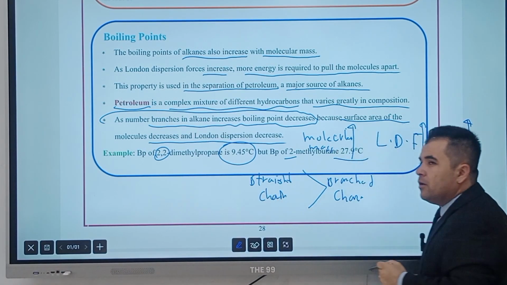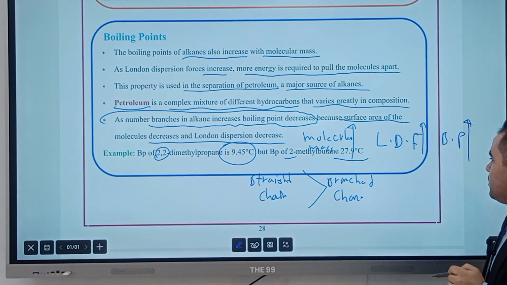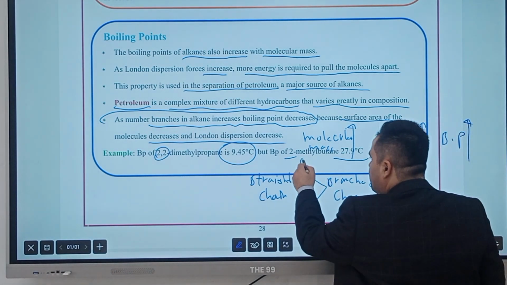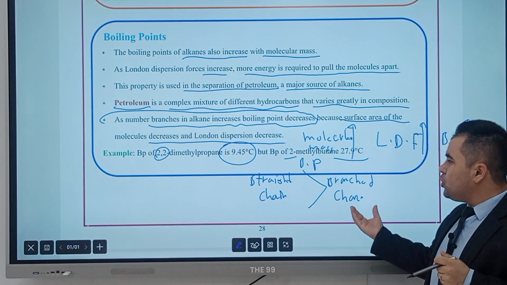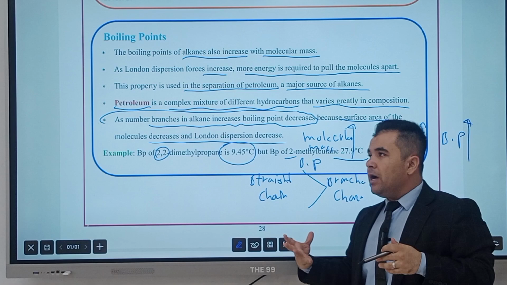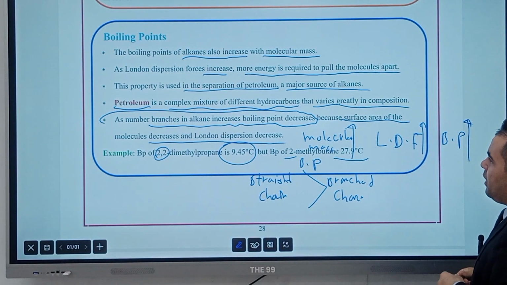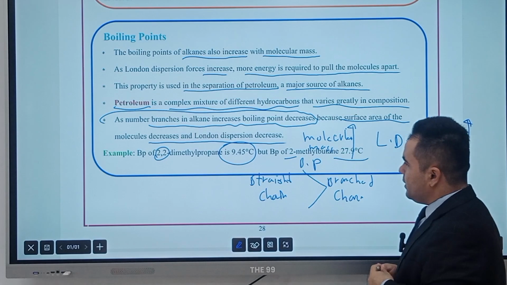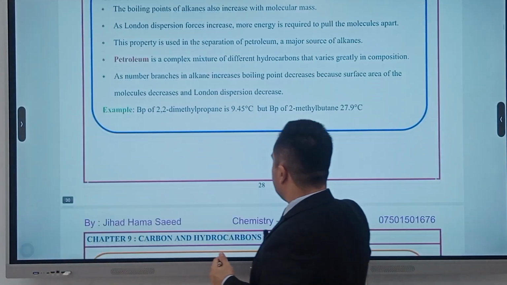This is true for the same molecular mass. Usually the boiling point of a straight chain is higher than the branched chain. Why? Because a straight chain has more surface area, and when it becomes branched, the surface area of the molecule decreases, and then that decreases the London dispersion force, and then the boiling point decreases as well.